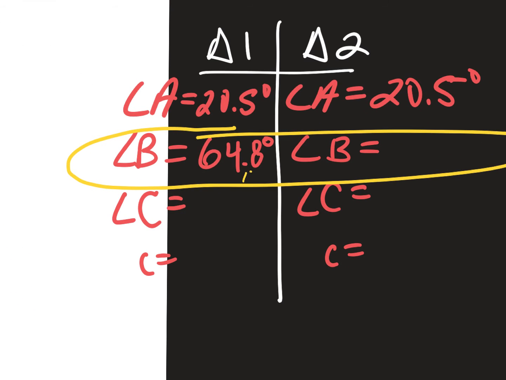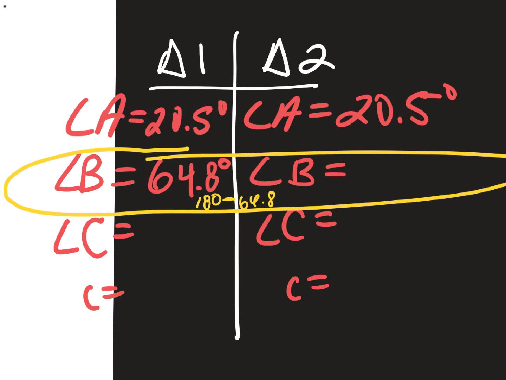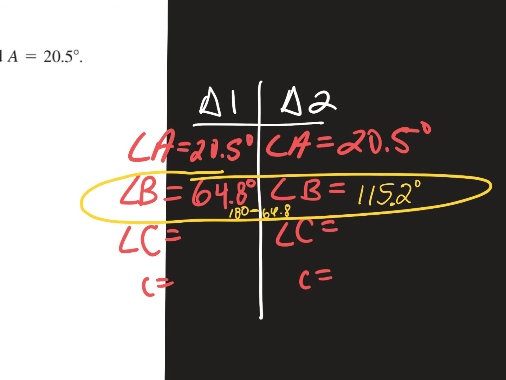Supplement means 180 minus 64.8 gives me what? What's 180 minus 64.8? 115.2 degrees. Now, I'm not sure that I have a second triangle. I'm just saying, if I did, that would be the second angle measure.